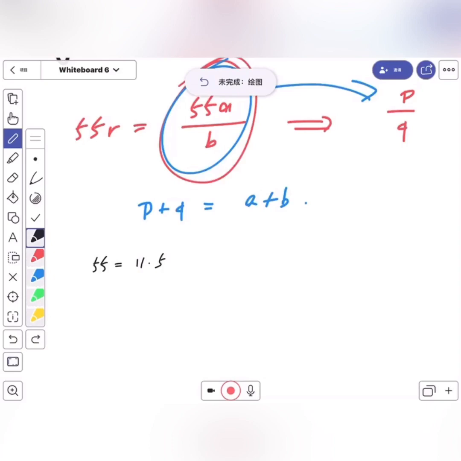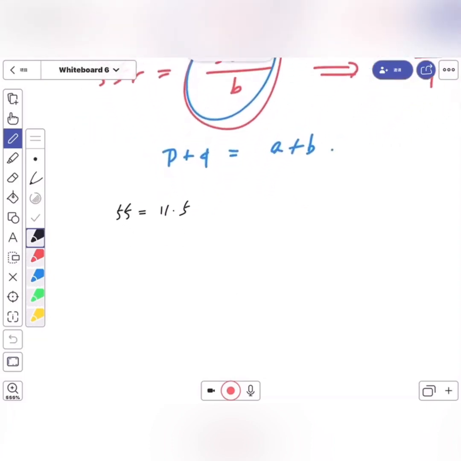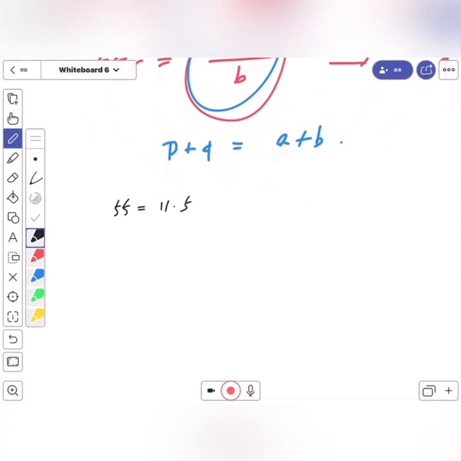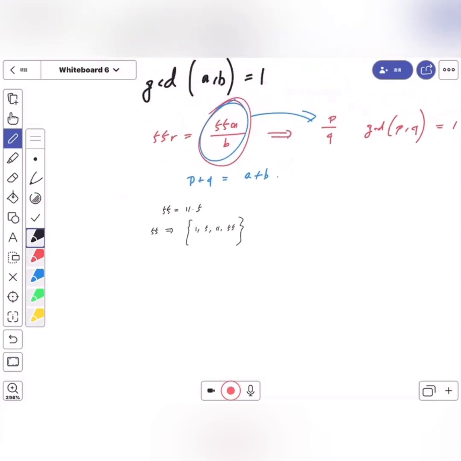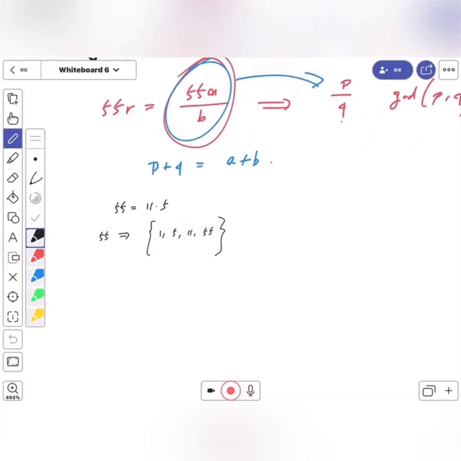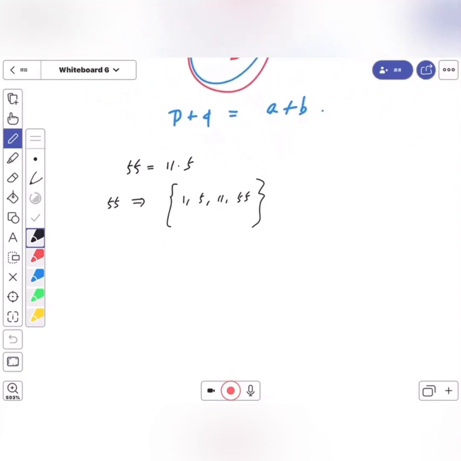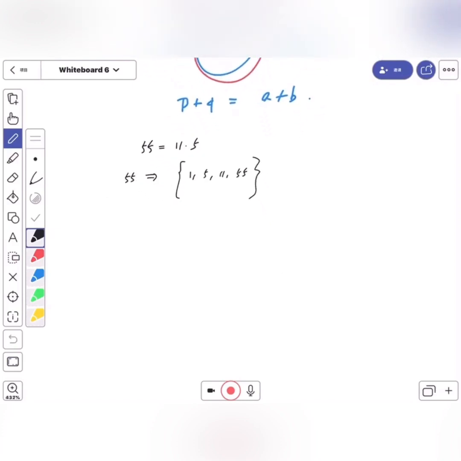Now we're going to have 4 cases, because the divisors of 55 are 1, 5, 11, and 55. And we know that A, B, P, and Q are all positive integers. So now, how are we going to continue from here?